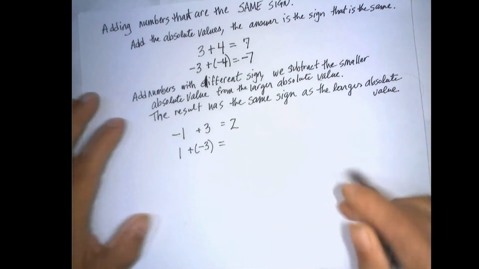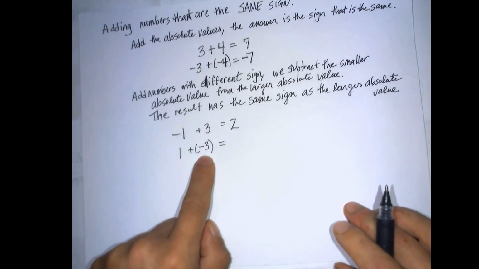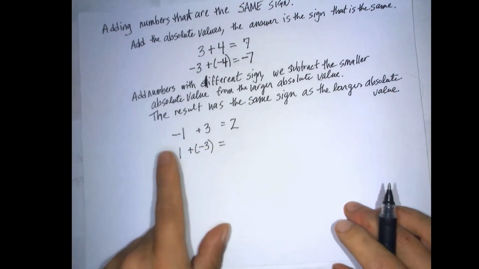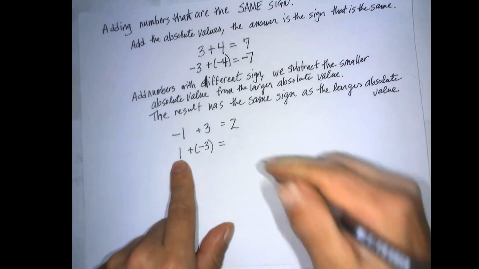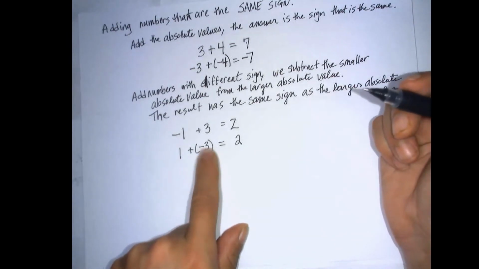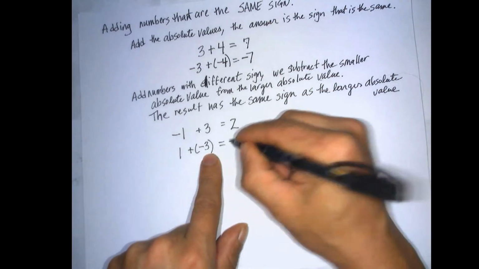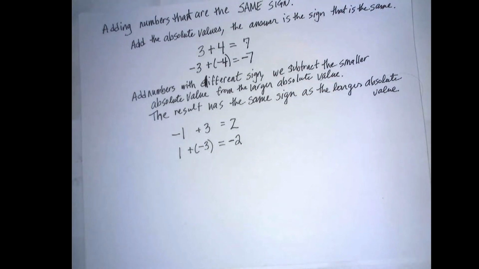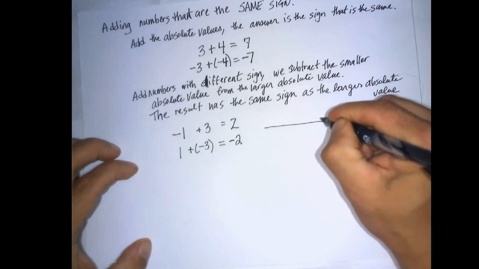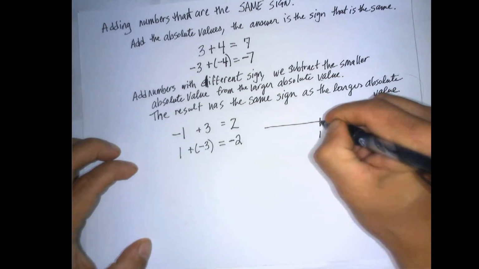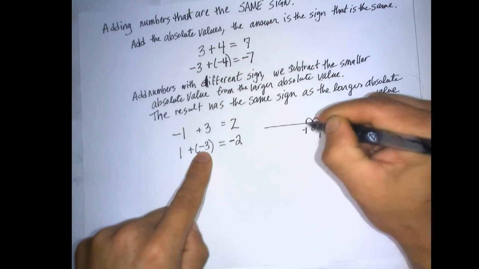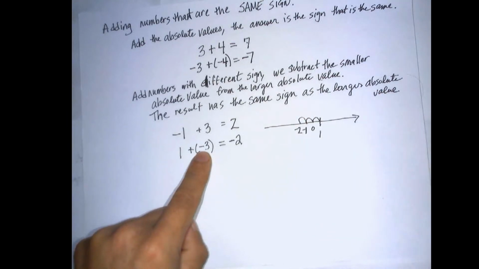We're adding two signs that are different. So we subtract the smaller from the larger. 3 minus 1 is 2, but the larger absolute value, which is 3, is negative. So the result is negative 2. And you can see that on the number line. If we start at 1 and we go back 3, 1, 2, 3, we're at negative 2.